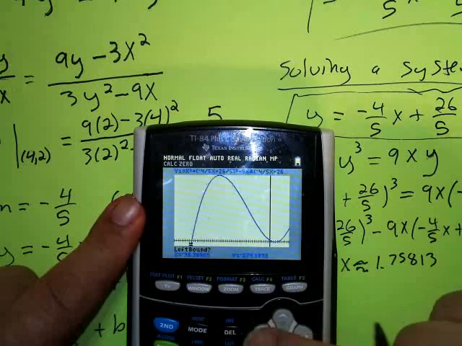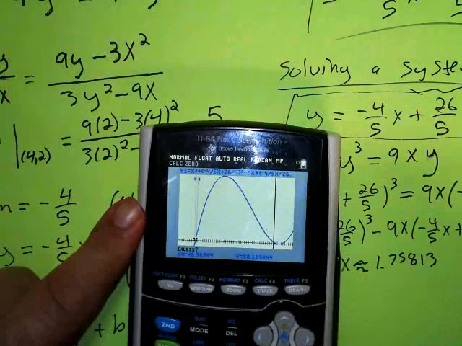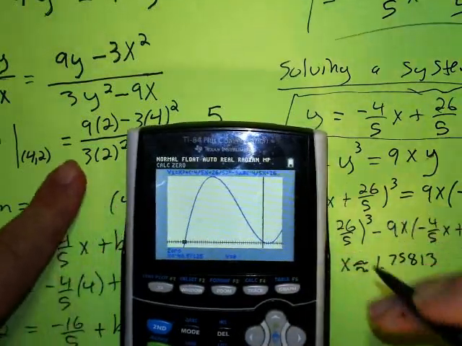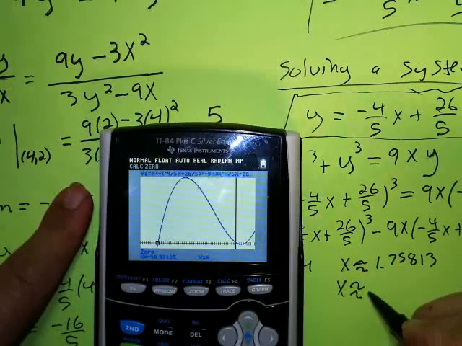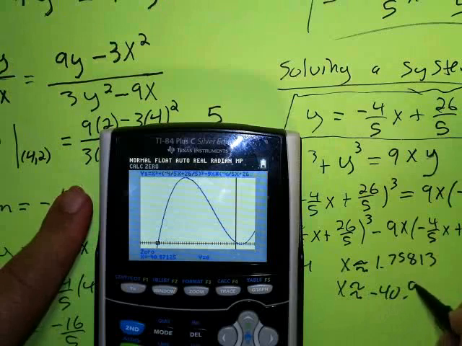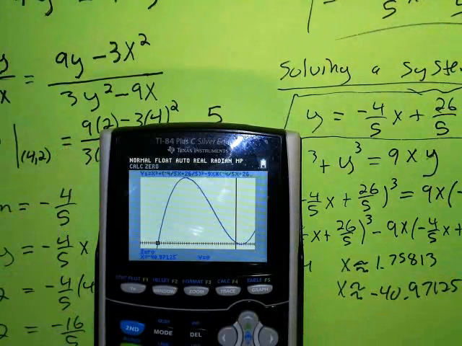I need a left bound, so I need to go under, and then over, and then in the middle. And then there it finds this, a negative 40.97125.